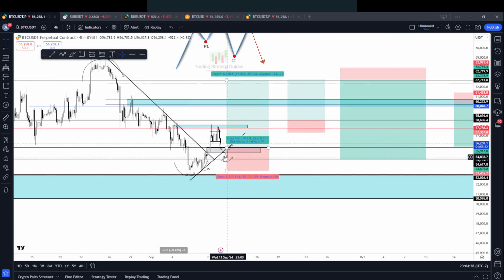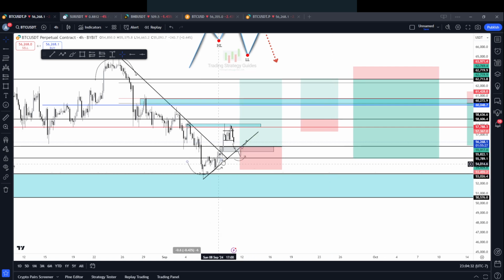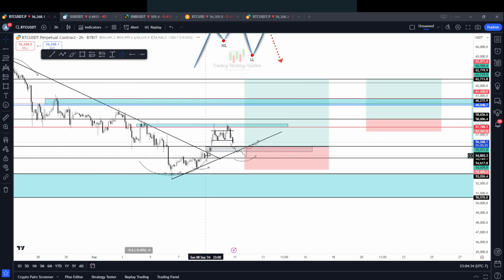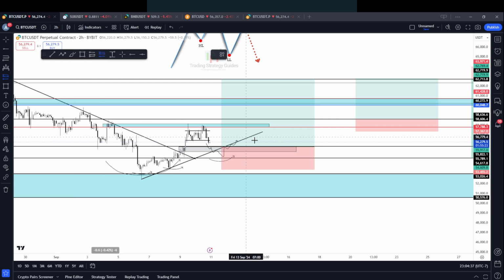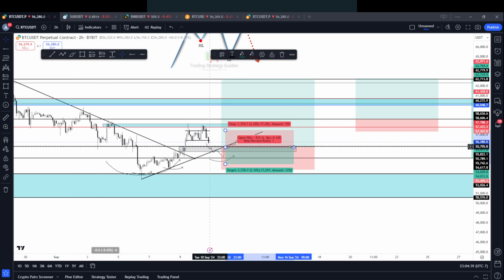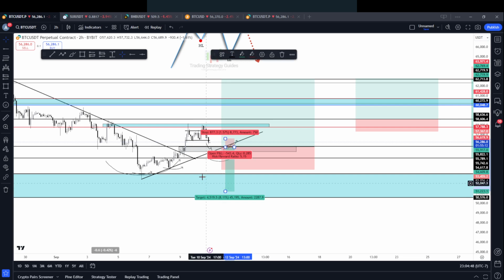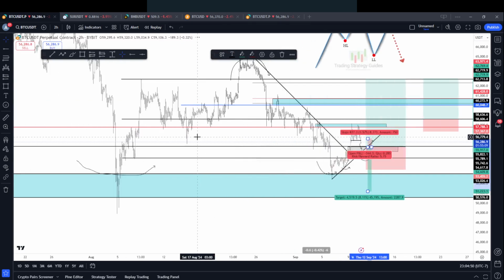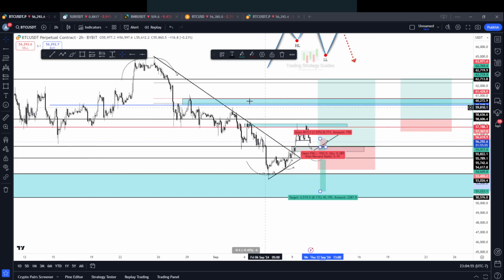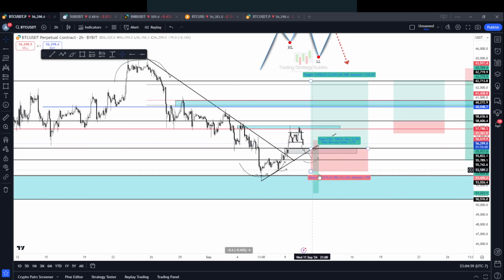But if we break down below, retest from this low time frame trend line and reject, then you have a potential short setup wherever the rejection is, close below first, reject and confirm, stop loss somewhere above resistance, right? And then you're looking for a move down. Okay. So there are Elliott waves here. I'm not going to get into the waves and the impulses here, but that is the plan.